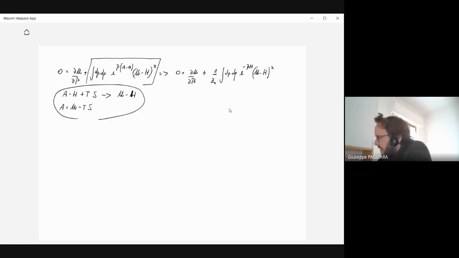And of course, this can be interpreted as an average over the ensemble of the square of u minus h. So then 0 is equal to the derivative of u with respect to beta plus the ensemble average of (u minus h) squared.